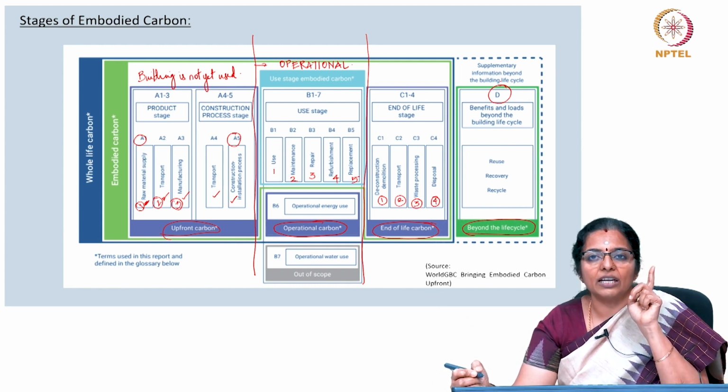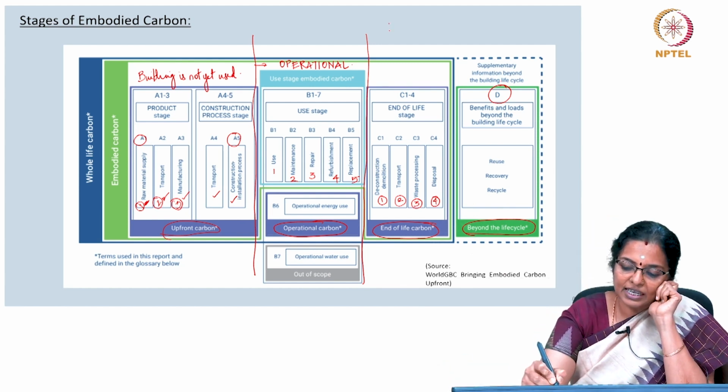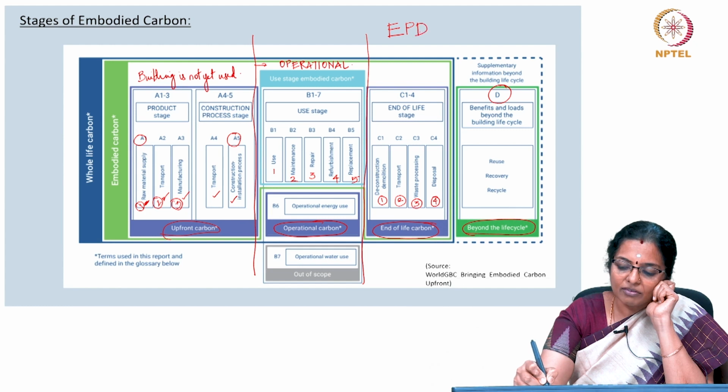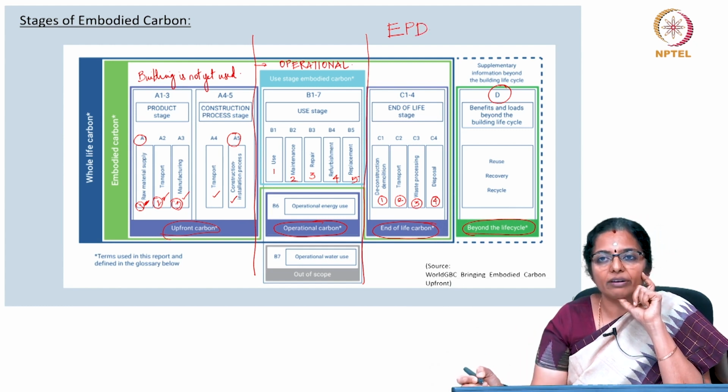Anticipating upcoming revisions to other standards, reporting module D will become obligatory for environmental product declarations in the majority of instances. What is EPD? It has to be declared for every product.